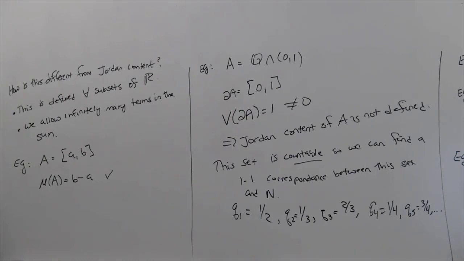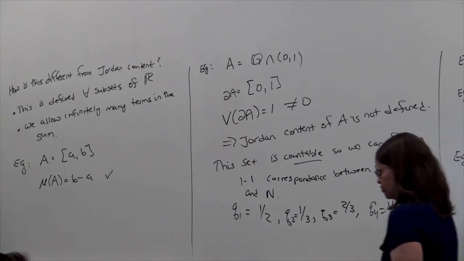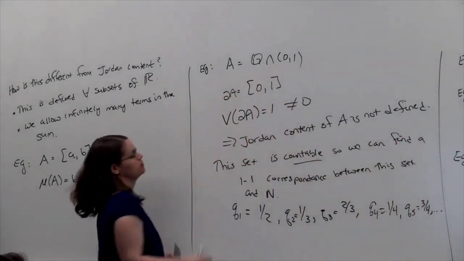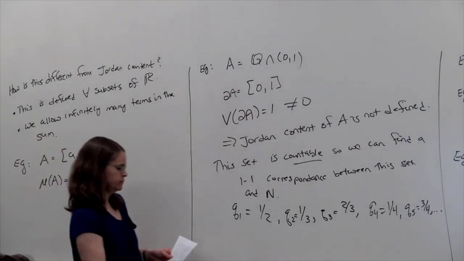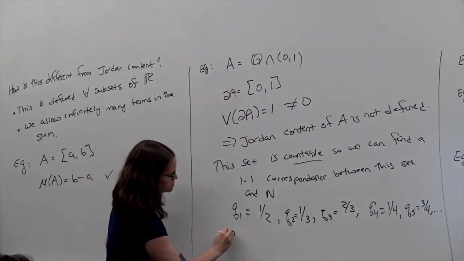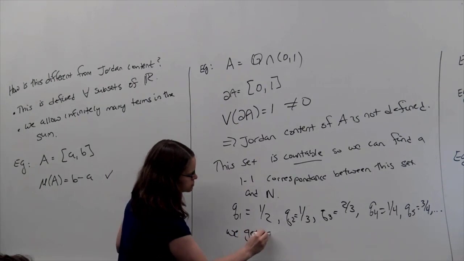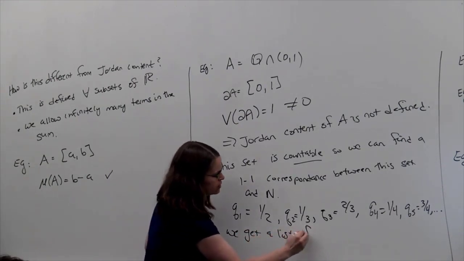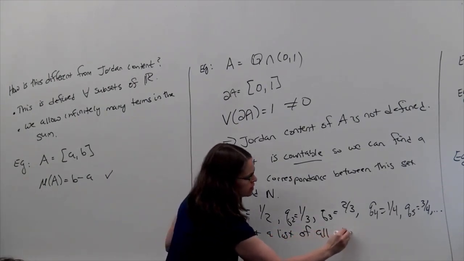And I keep going, and I get a list of all possible rationals that live in my set. So we get a list of all the elements in A.